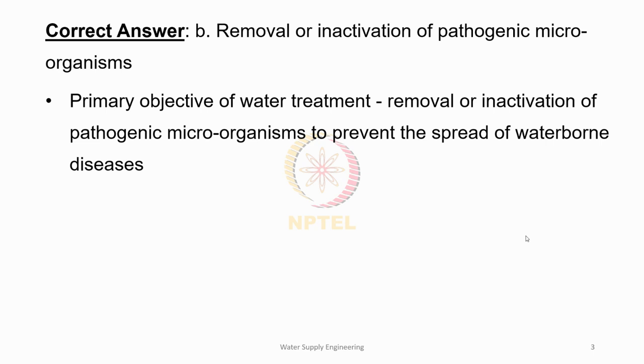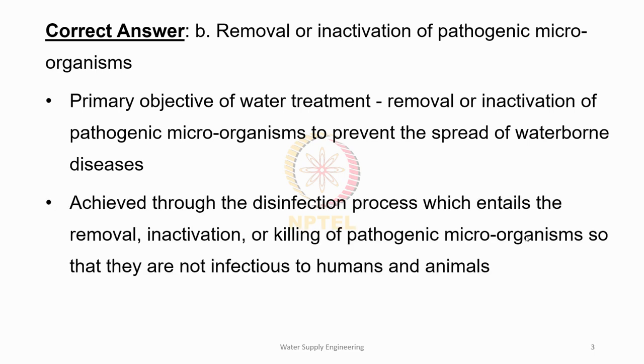So, the primary objective of water treatment process is the removal or inactivation, either complete removal or inactivation, that is making the pathogenic microorganism, that is disease causing microorganism, to an inactive state so that waterborne diseases are not spread. So to ensure that, we'll either remove or make the pathogenic microorganisms inactive.